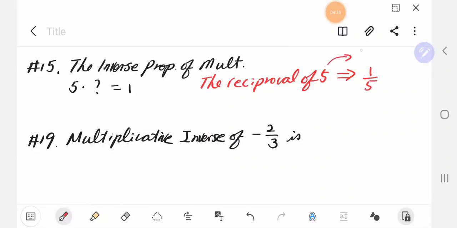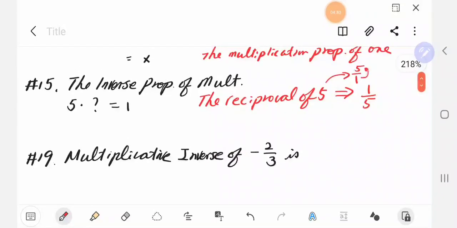You interchange the 5 and 1, and there is 1/5. The reciprocal means the multiplicative inverse, same meaning.